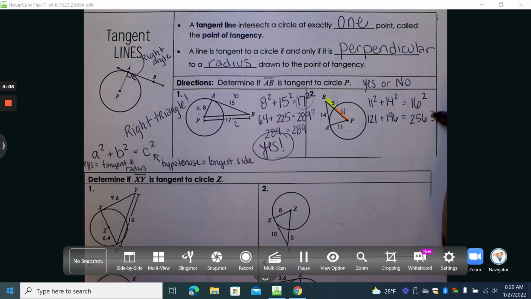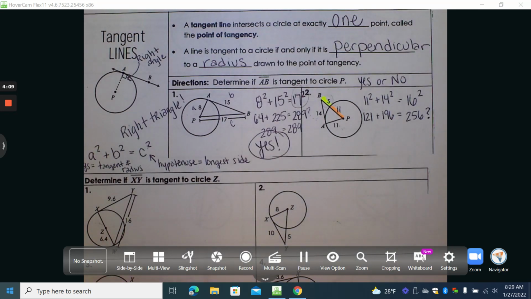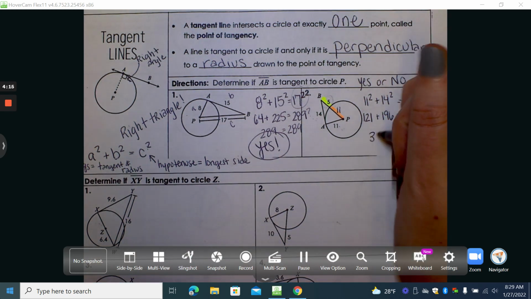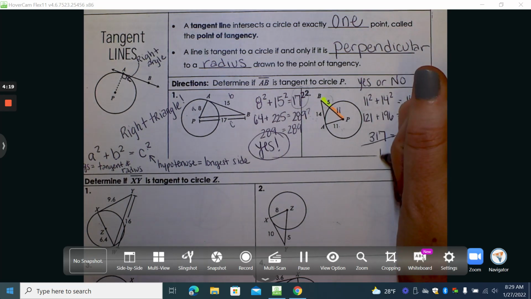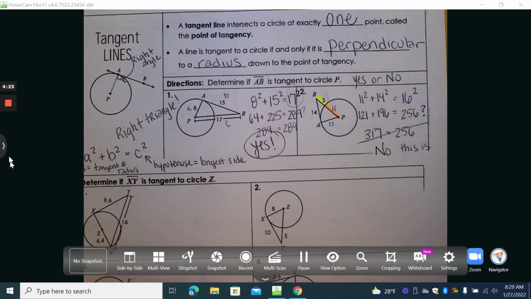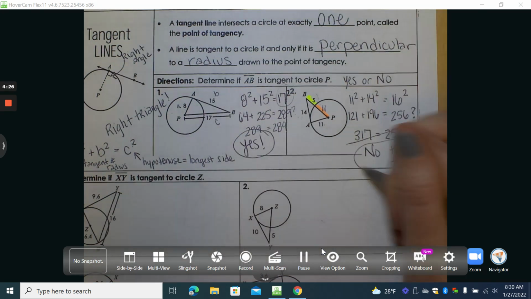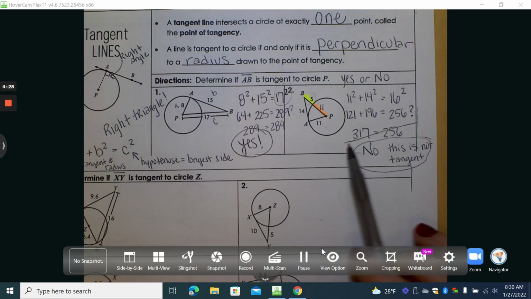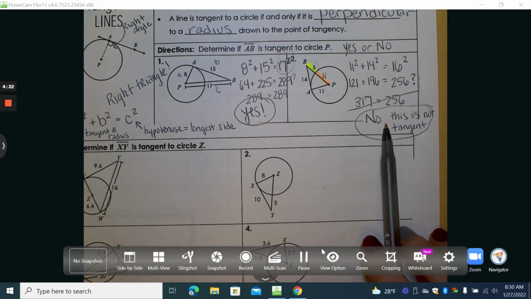And I want to know, is this true? 121 plus 196 actually equals 317. So that would be no, this is not tangent. So if that does not equal each other, if that equation does not work out, my answer is no.